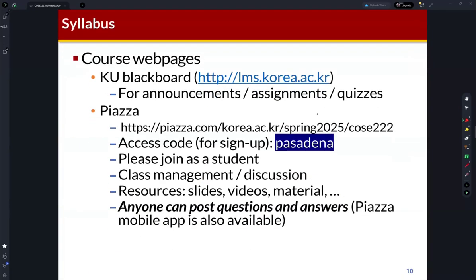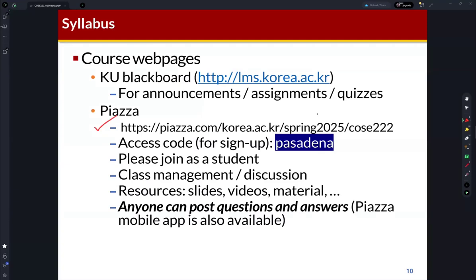What is Piazza? The university provides a learning management system, but I do not trust this system. It's not convenient. So I will use the LMS for posting assignments, design labs, quizzes, and grades. And for Q&A, we will use Piazza. This is the address of Piazza.